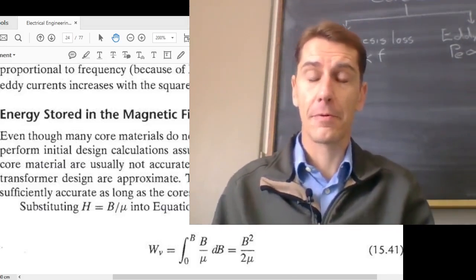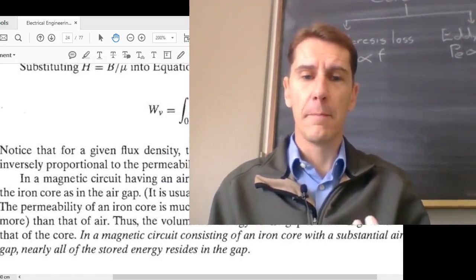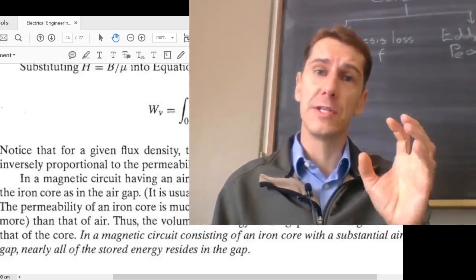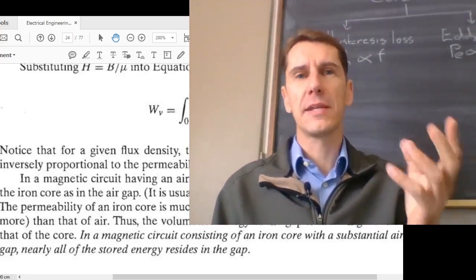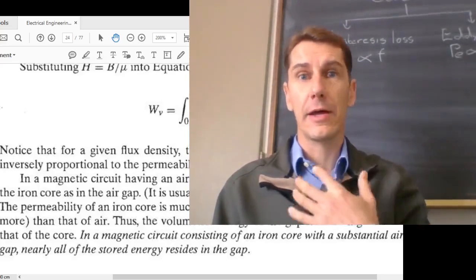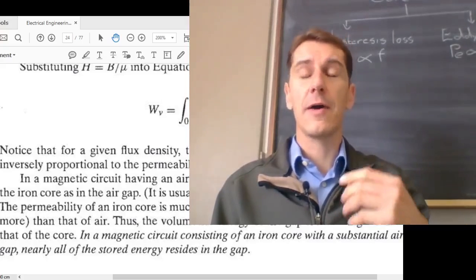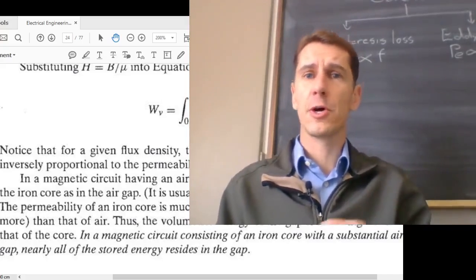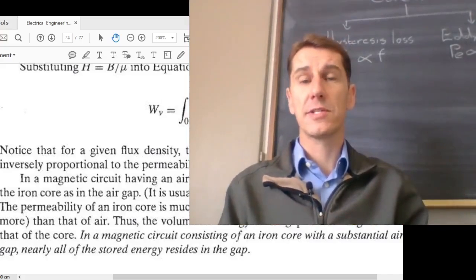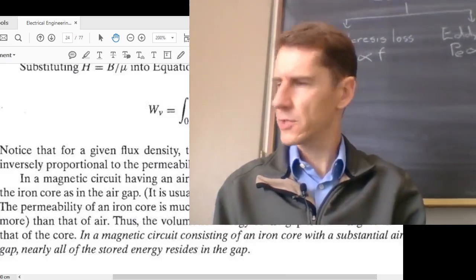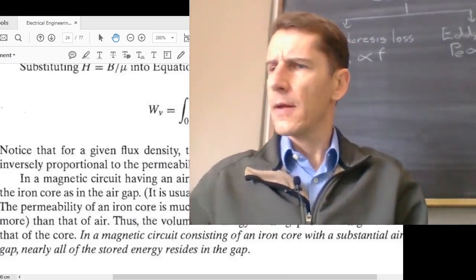In the air gap, right? So all of the energy basically resides in your air gap. And it's for that reason that when we analyze magnetic circuits in my ELX third year course, the permeability of air is so much lower, all the energy is stored in the air gap, so in most cases we simply ignore the core material.